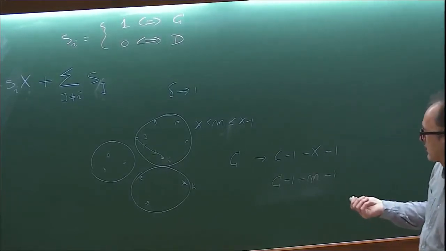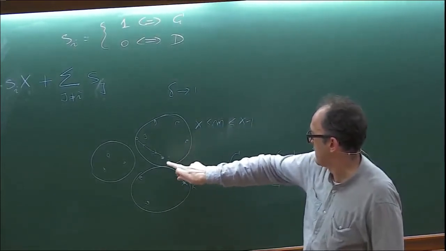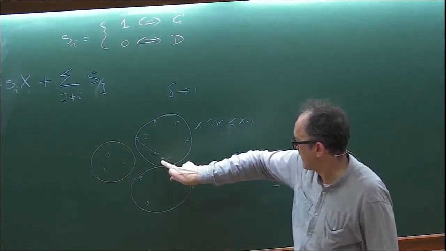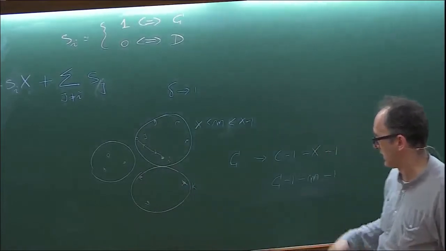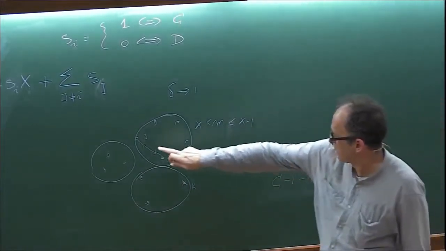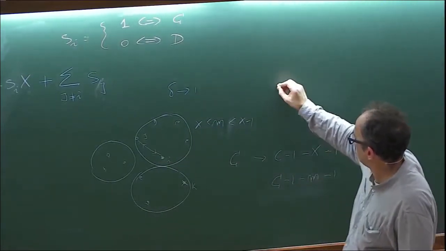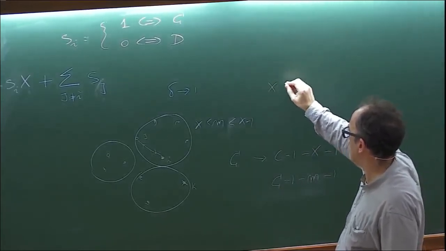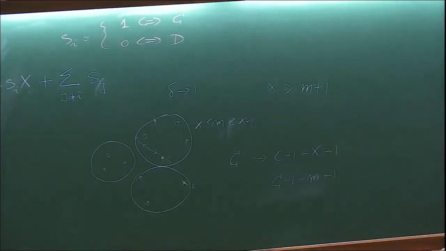And also you can check that instead it is credible that I stops cooperating when J, one of the guys, stops cooperating, because essentially this response is the best response if X is larger than M, because X is larger than M plus 1, okay?